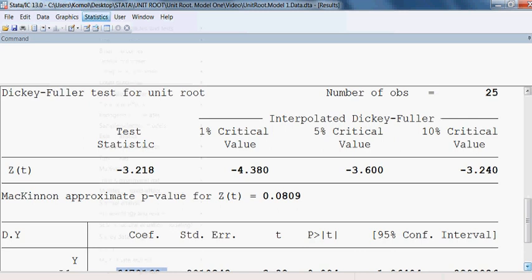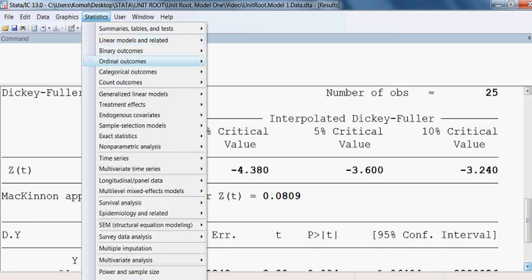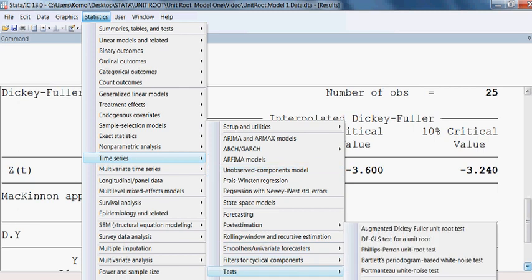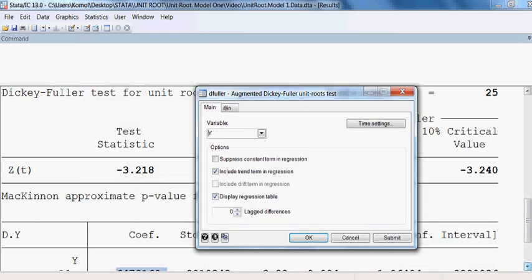I go to statistics as before, then time series as before, then test as before, then augmented Dickey-Fuller test as before, then I click it. Here I click on suppress constant term.